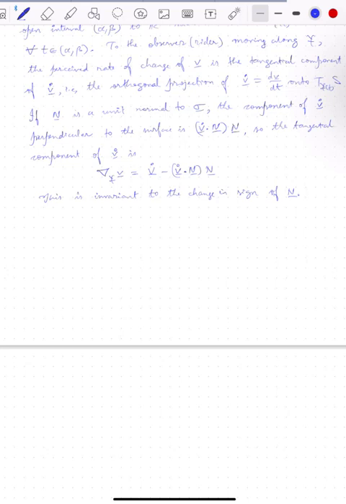This implies that the grad with respect to gamma of V vector is well defined on any surface, even if it's not orientable.